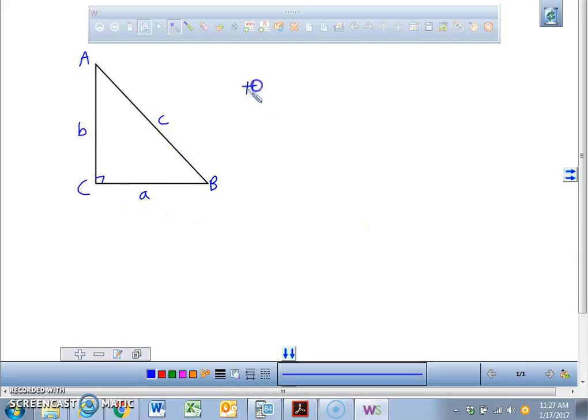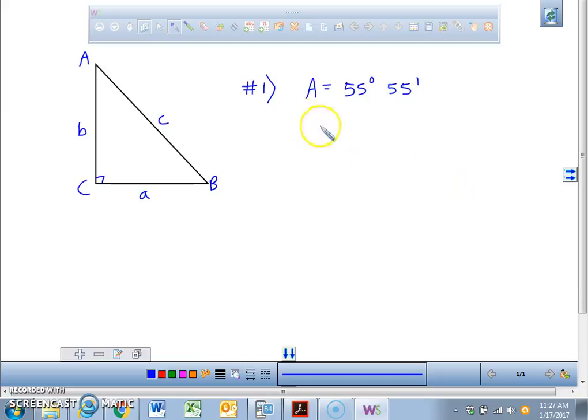In problem number 1, Noah, what was given to us on problem number 1? Angle. What angle? A. So the capital A is equal, could you tell me what it's equal to? 55 degrees and 55 minutes. What else was given to us?